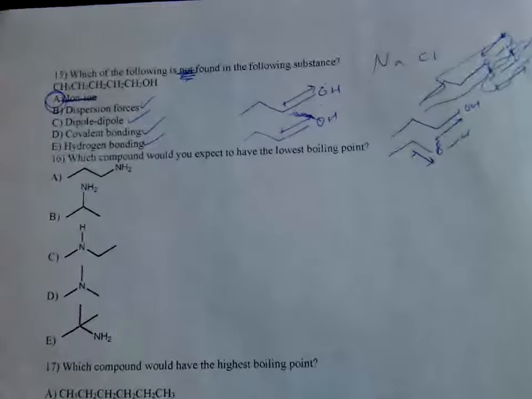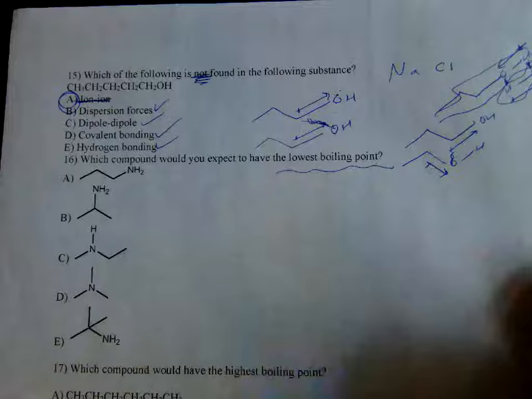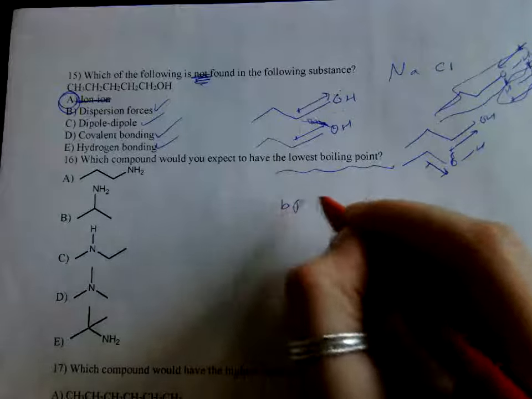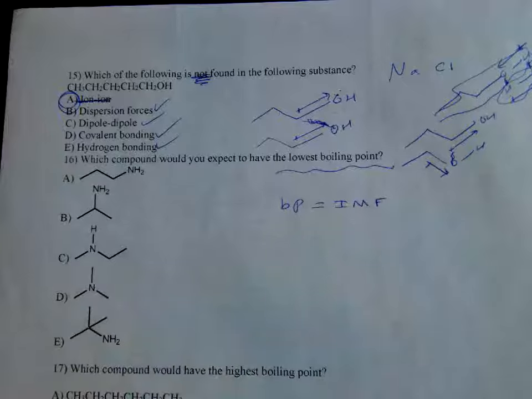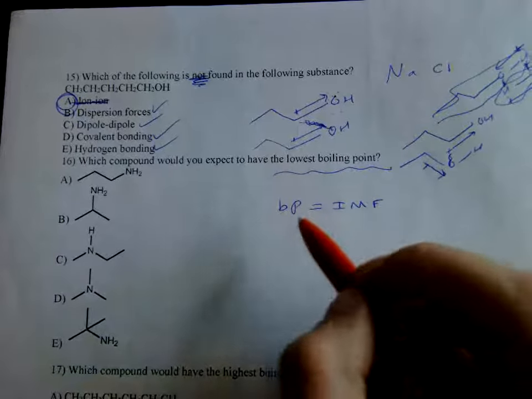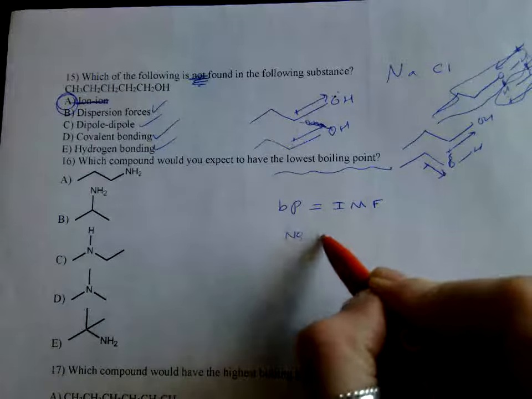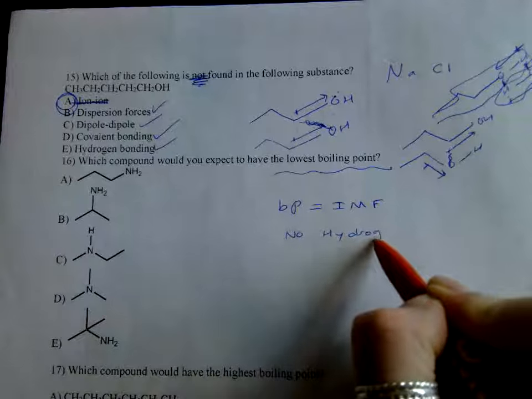Okay, now this next question, which would you expect to have the lowest boiling point? Boiling point is all about intermolecular forces, okay? So if boiling point is about intermolecular forces, then the one with no hydrogen bonding is going to be the weakest.